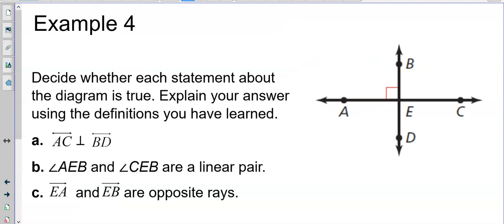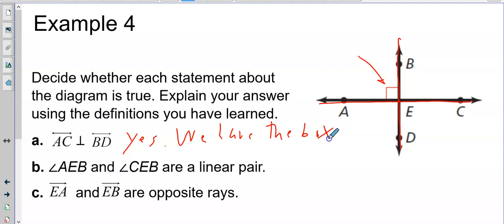All right, decide whether each statement about the diagram is true. Explain your answer. Okay, notice we have our box. AC, which is this line right here, is perpendicular to line BD right here. Yes, it is. Why? We have the box. AEB, which is this angle right here, and CEB right here are a linear pair. That is also true.